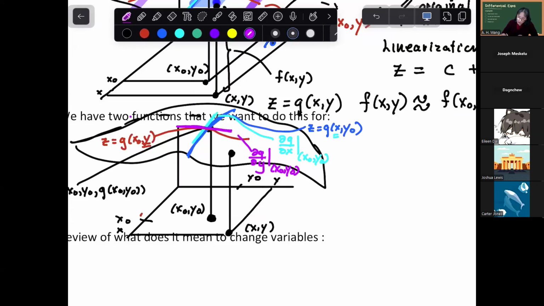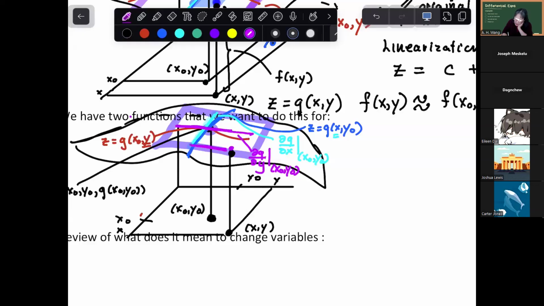And those two form a tangent plane that approximates the curve at that point. So you're going to slide this way, and then slide that way, and you'll get right above this.